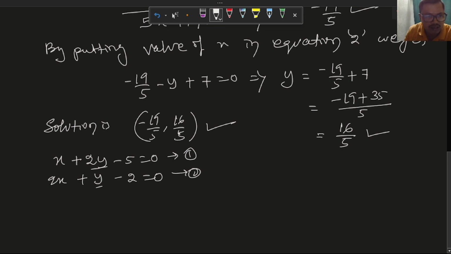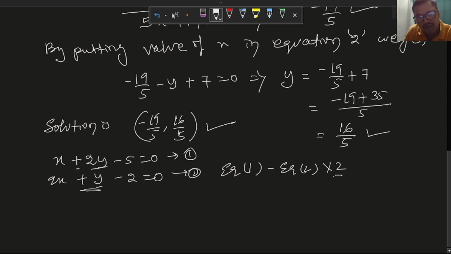But here the signs are equal. If the signs are equal, then I have to subtract. So I am writing here equation 1 minus equation 2 into 2. Why do I multiply by 2? Because the coefficient of y in equation 2 is 1, and I have to change it to 2.